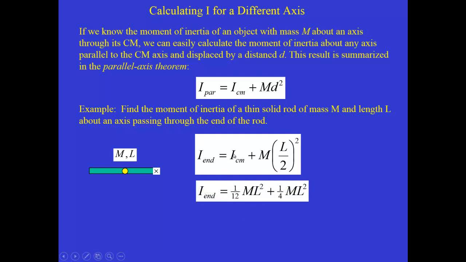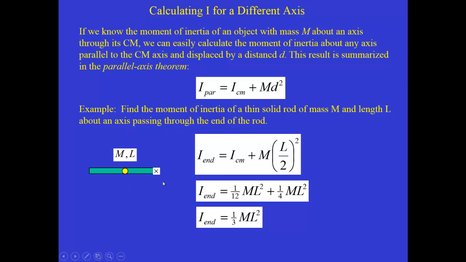That's the moment of inertia for the axis through the center of mass. And now this last term, you can see it reduces to 1/4 mL squared. And when you do the necessary arithmetic, you find that the moment of inertia for the axis passing through the end is 1/3 mL squared. It's larger than the moment of inertia passing through the center, and you should think about that.